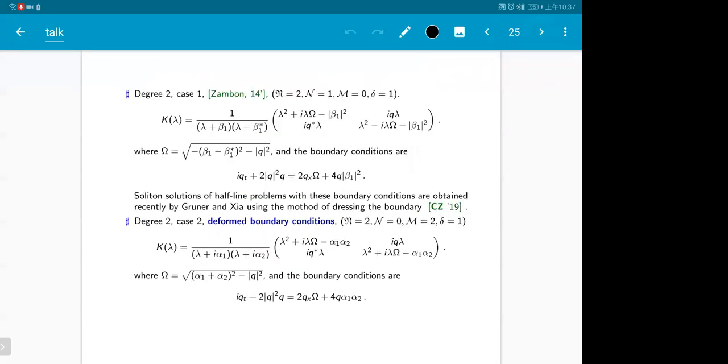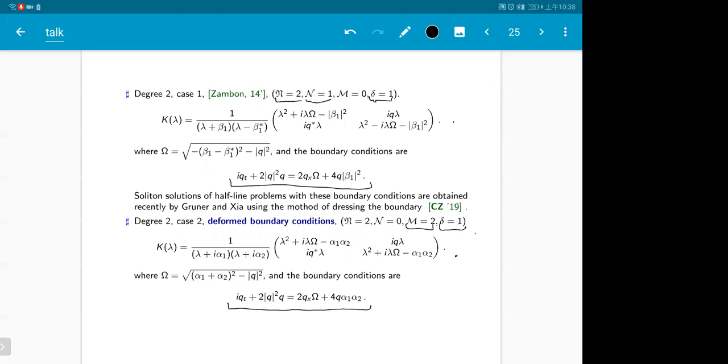If we increase the order, we go to degree 2. We have several cases: we can choose n equals 1 or m equals 2, and we also have the freedom to choose the parity. In these two cases, we can obtain the reflection matrix in this form and the boundary conditions in this form.